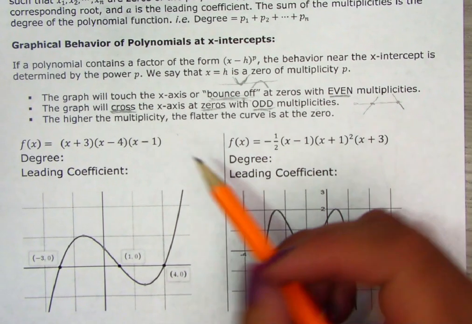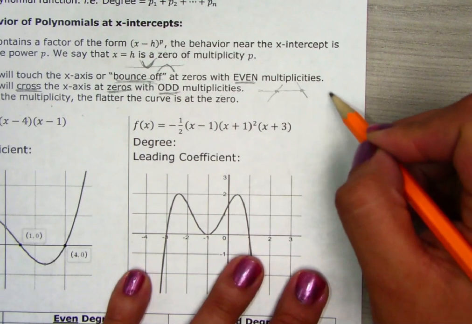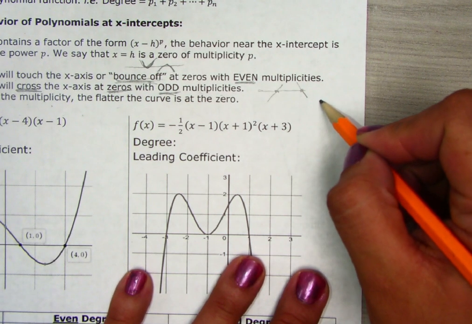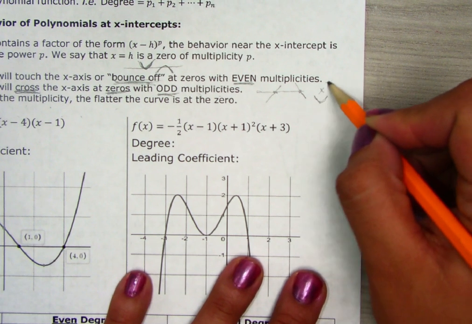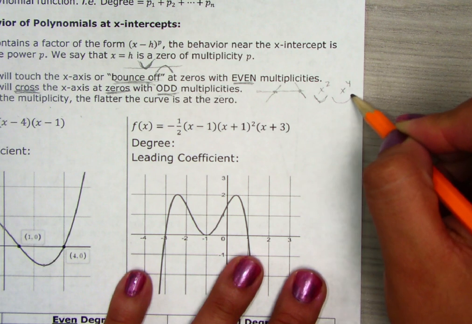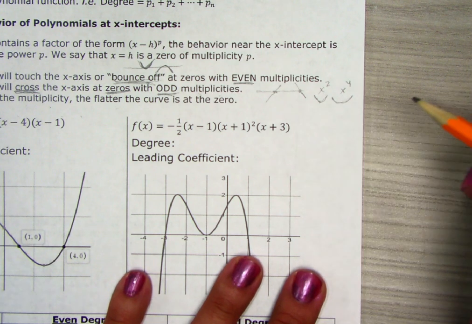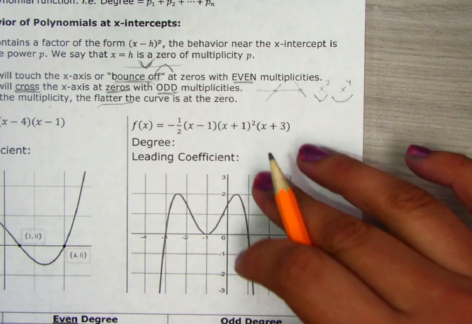And then, of course, the higher the multiplicity, the flatter the curve. That means that a quadratic is just like this. If you have something to the 4th power, then it will be a flatter curve. So that's what is meant by flatter. It just kind of squashes it down.